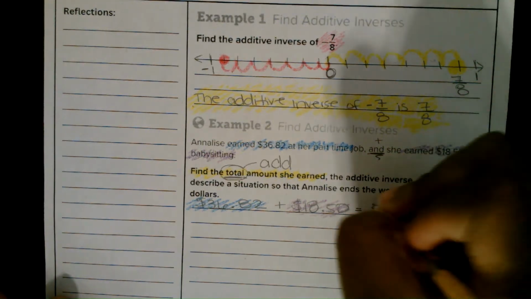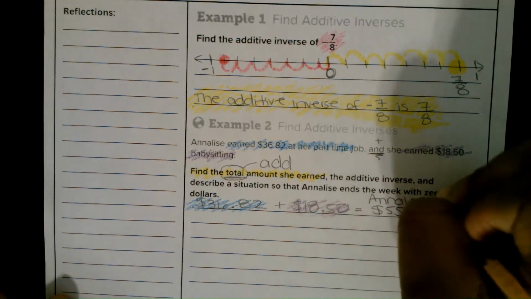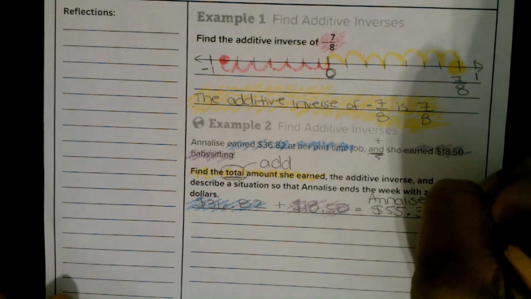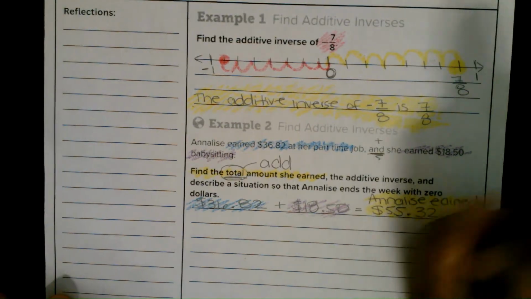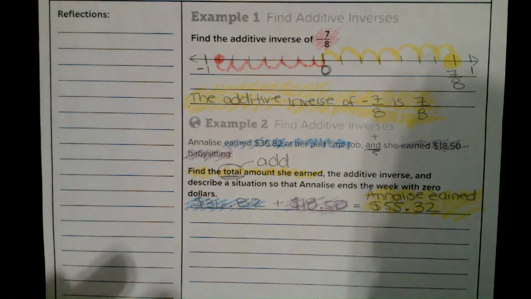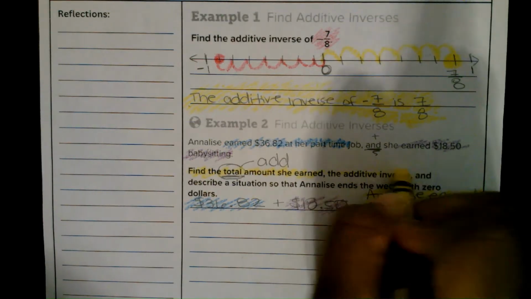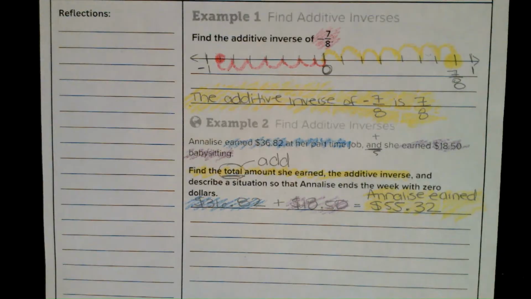The next thing it asks us is to find the additive inverse. So remember, the additive inverse is going to be the opposite. The opposite is represented on the number line by points that are the same distance away from zero, but on opposite sides of zero.